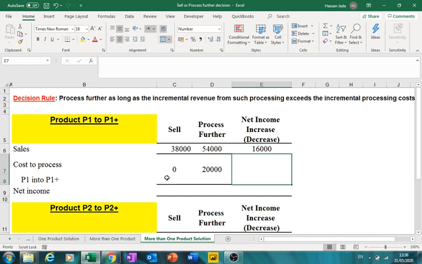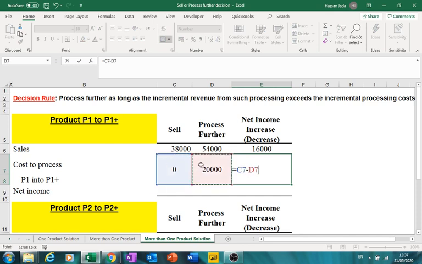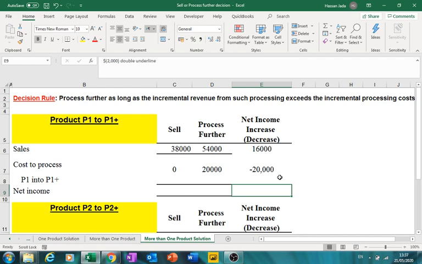If we want to sell it as is, we don't incur $20,000, but if we want to convert P1 to P1 plus, we have to pay or incur additional $20,000, so we have an increase in cost, which will result in a decrease in net income by $20,000.